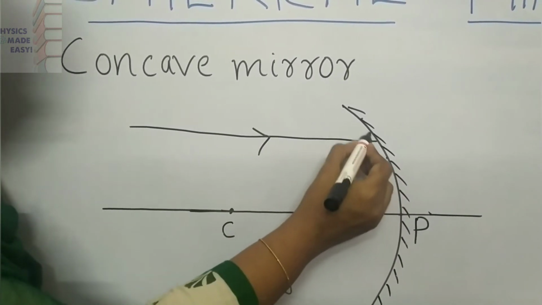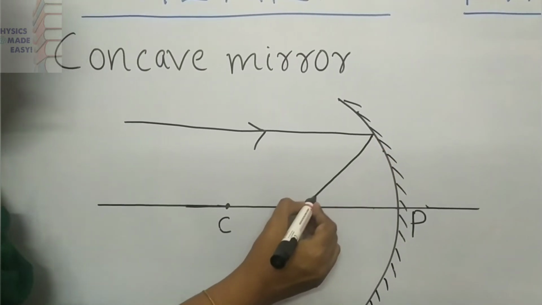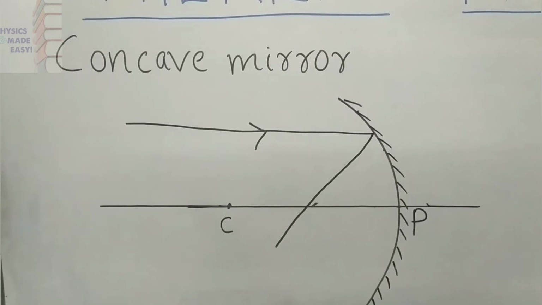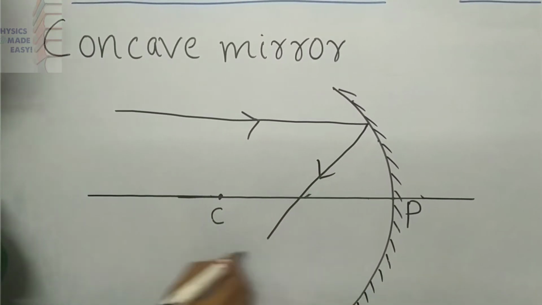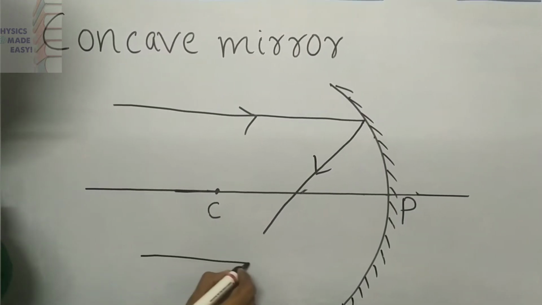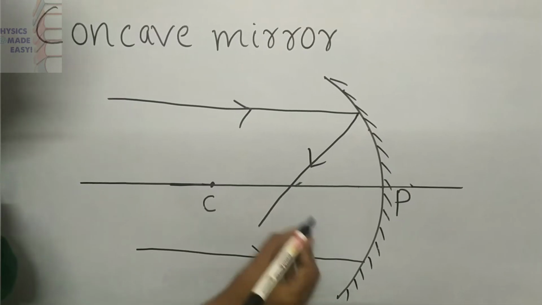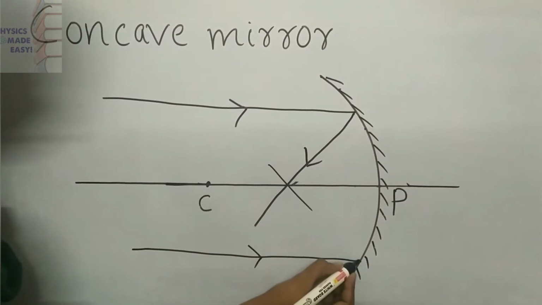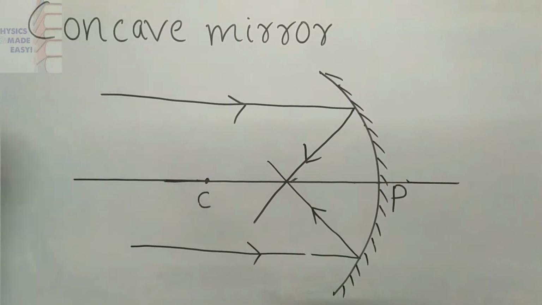After reflection from the mirror, the reflected ray will pass through a point on the principal axis. Like that, consider another ray parallel to the principal axis. After reflection, the ray will pass through the same point on the principal axis.